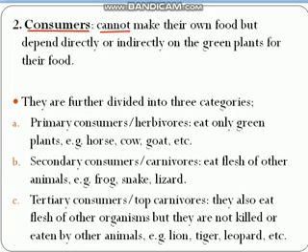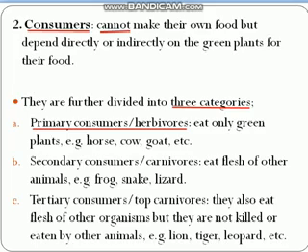These consumers are further divided into three categories. One is primary consumer, another is secondary consumer, and another is tertiary consumers. Primary consumers are also called herbivores, and these are those consumers which eat only plants.